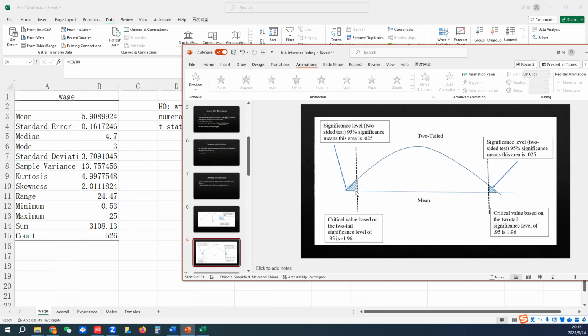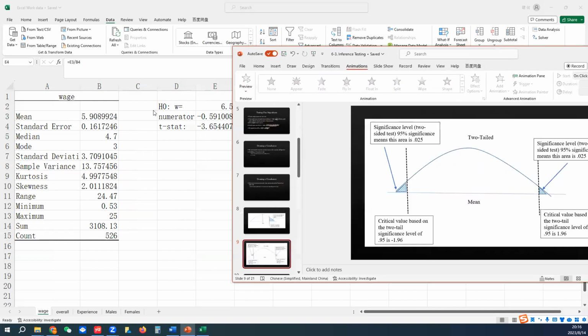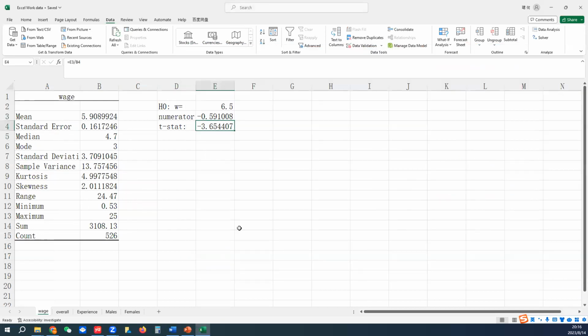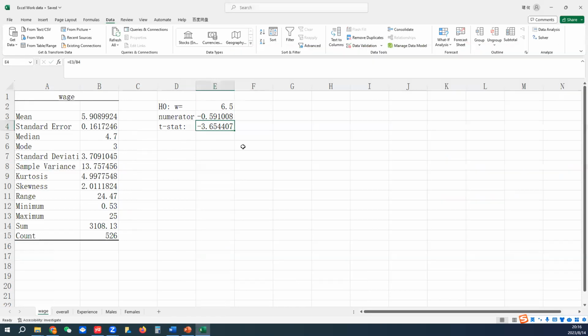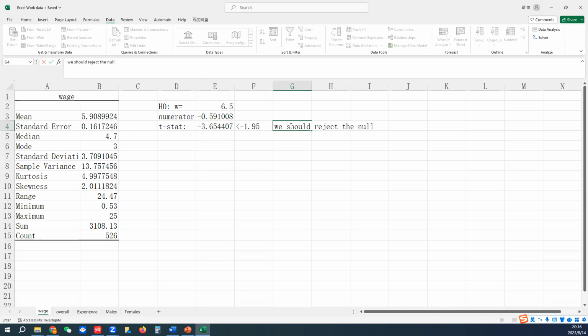It's already only a 5% chance that something lower than that will happen. And your case is minus 3.65, which falls under the 5% chance. It is smaller than minus 1.95, which tells you we should reject the null.